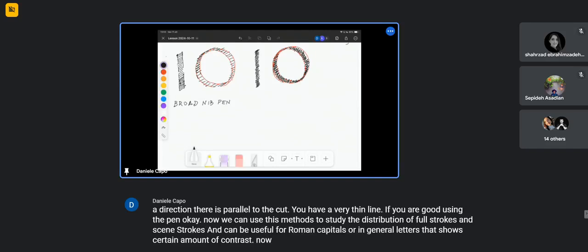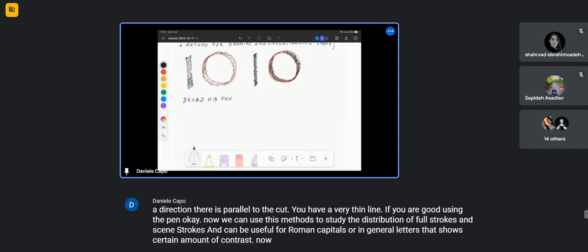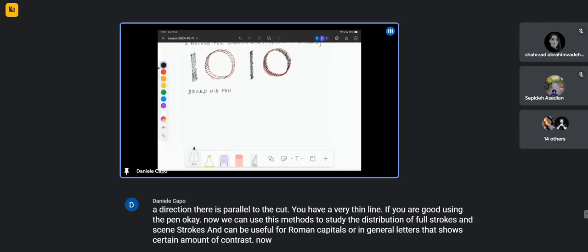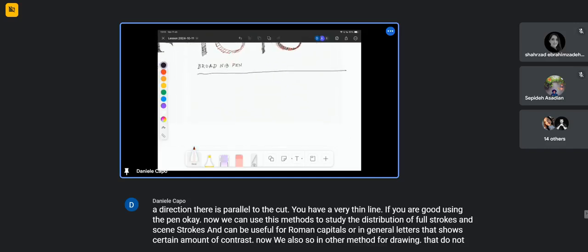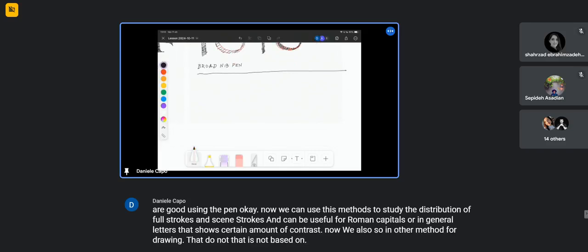Now, we also saw another method for drawing that is not based on mimicking the pen.